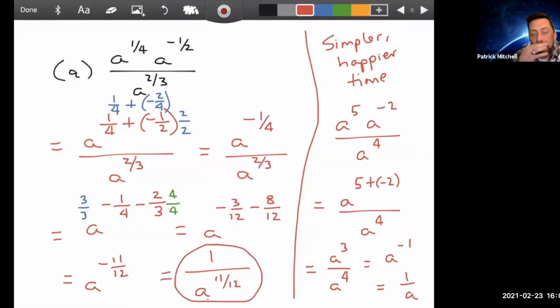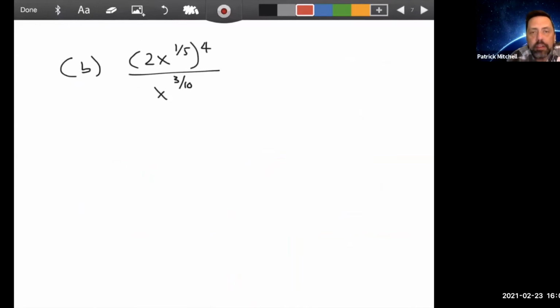All right, so in my opinion, the only thing that's slightly annoying about these is having to do the like denominators for the fraction exponents. All right, next. The fourth power of 2x to the 1/5 divided by x to the 3/10.